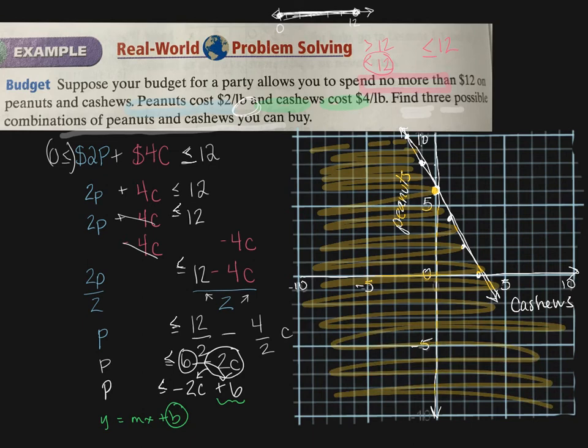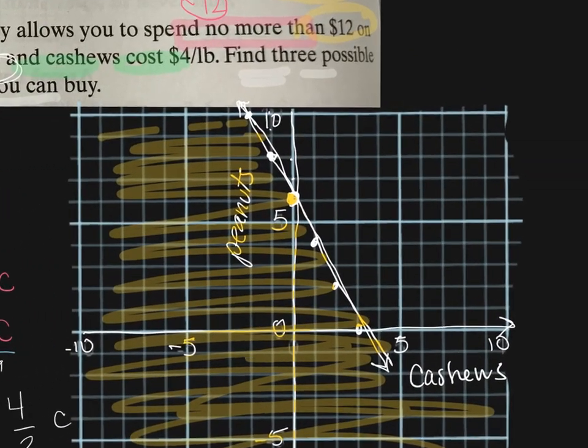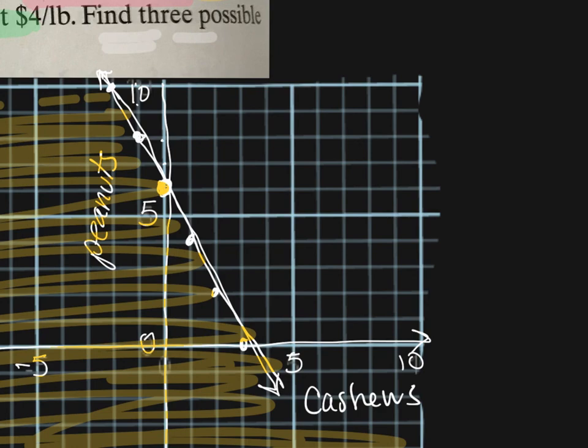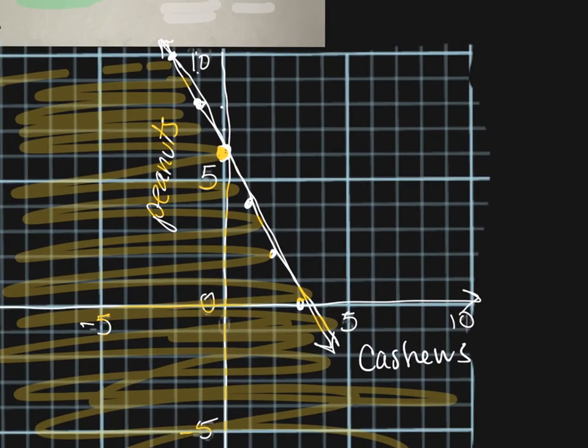Okay. Yes, but I'm talking about dollars. Can I spend less than $0? No. So at some point, I have a boundary on here, and it's going to be everything in between my positive and negative y's, because I can't have negative peanuts and I can't have negative cashews.